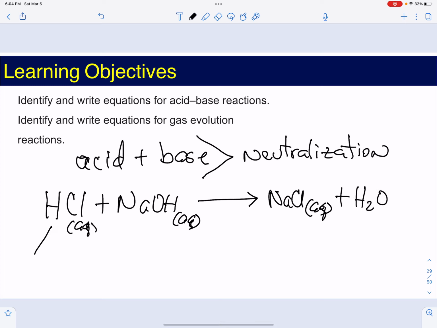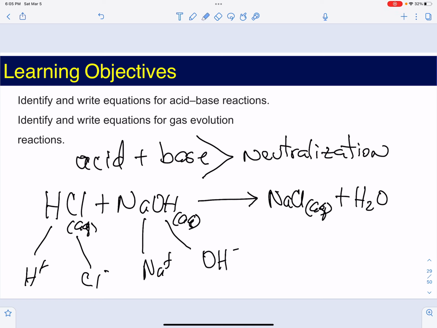So what happened here? You got the H plus, you got the Cl negative, you got the Na plus, and you have your polyatomic ion hydroxide. The acid produces the proton, which goes with the negative hydroxide, giving you water.